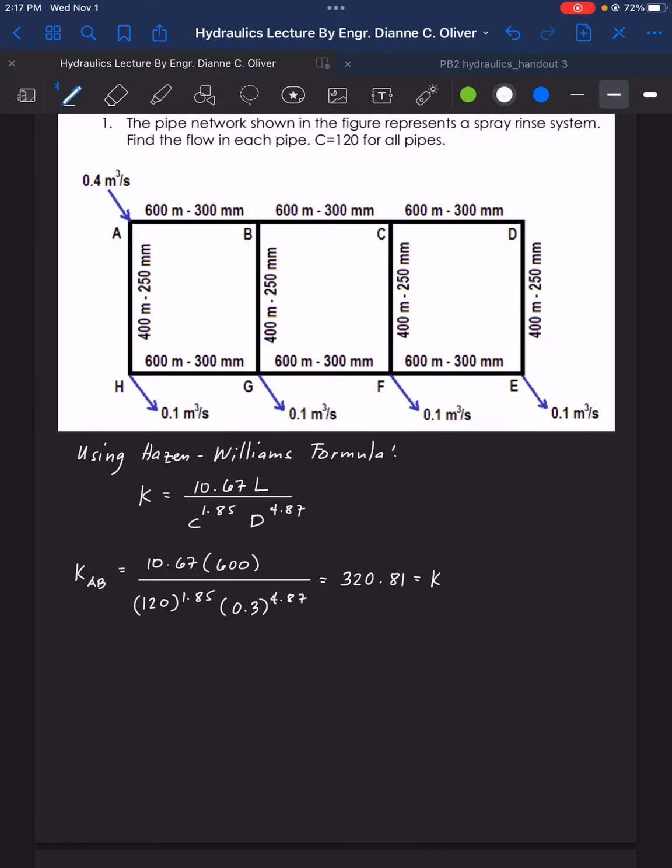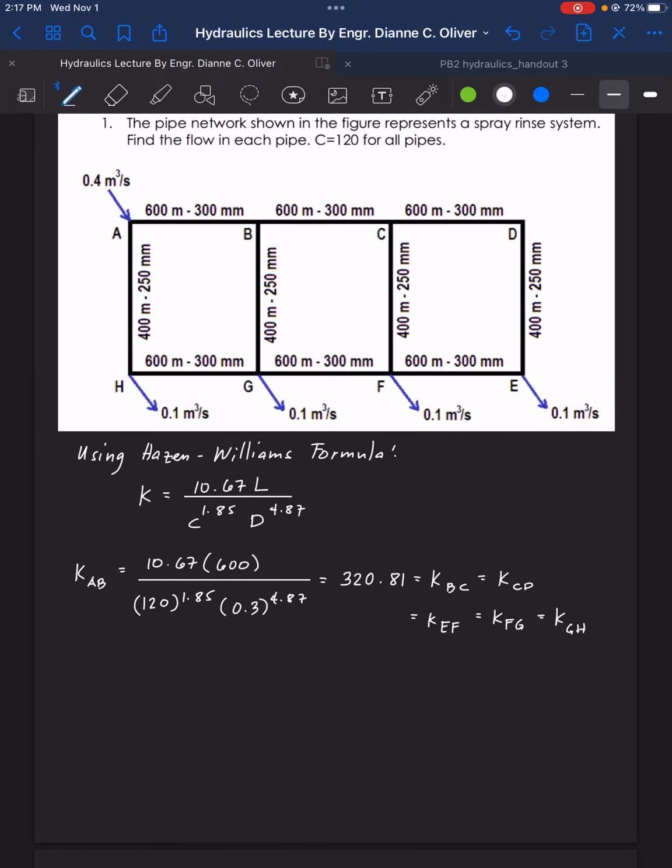And this is equal to K of BC, K of CD, then we have K of EF, K of FG, and same K for GH.